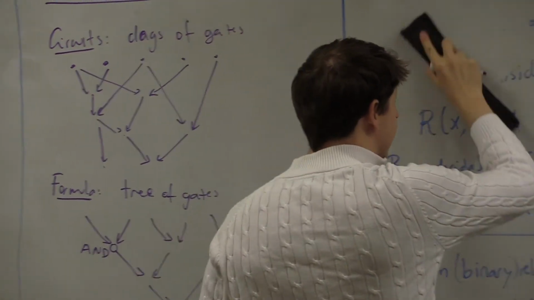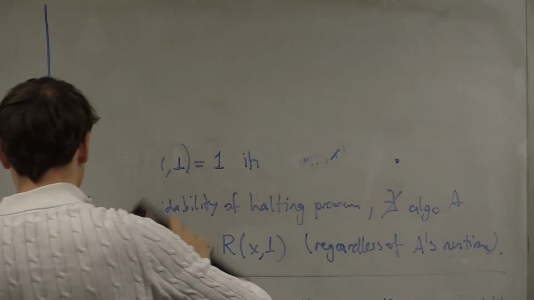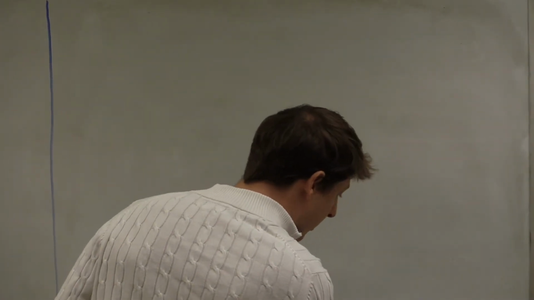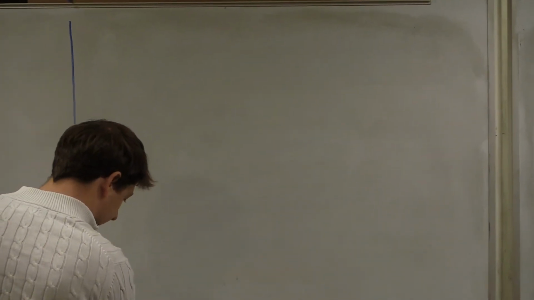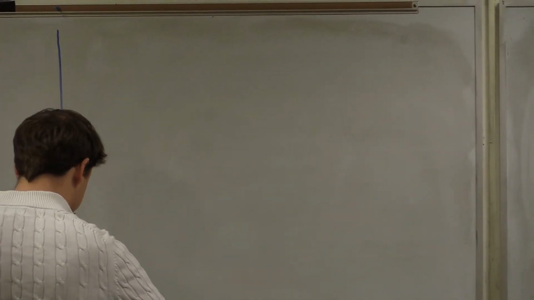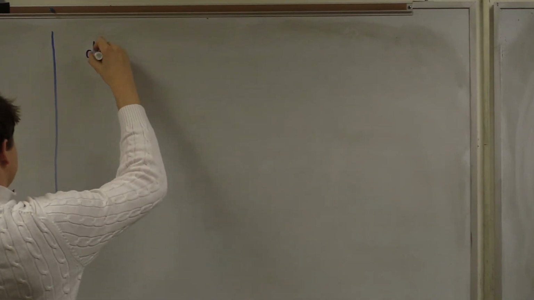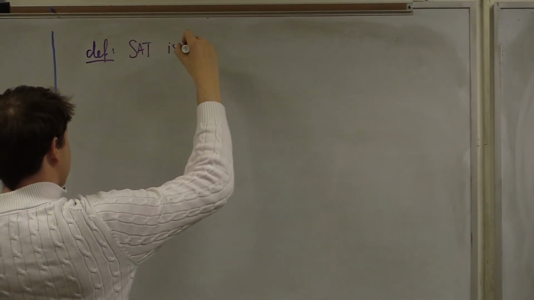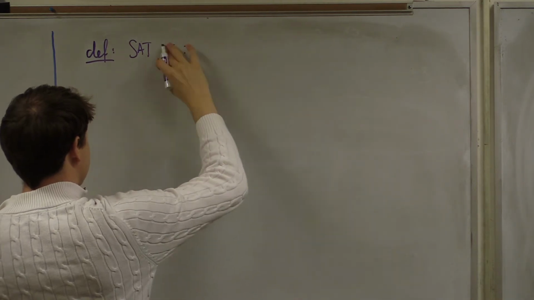Just like you can define the satisfiability problem for a Boolean circuit, we can define the satisfiability problem for a Boolean formula. That problem has a name, it's called SAT. SAT is the following problem.